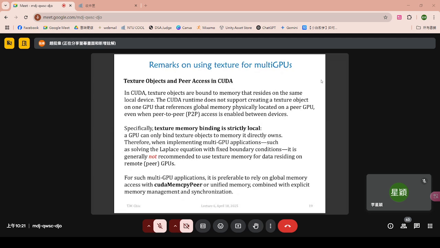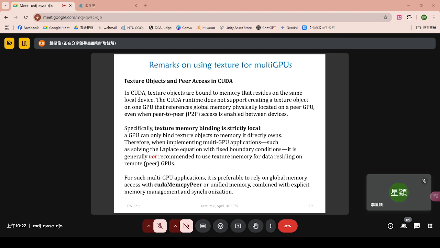In CUDA, texture objects are bound to memory that is on the same local device. That means only the global memory of this GPU can be bound through the texture of this GPU. You cannot bind the global memory of another device through the texture of this GPU.